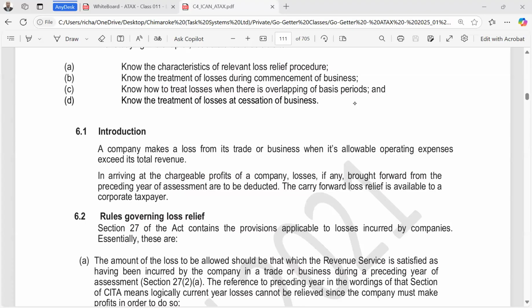In arriving at the chargeable profits of a company, losses from the previous year are brought forward to be realized in the year in review. So it means that if you make a loss last year and there was no profit to clear the loss, and you come to this year and you made a profit, you are going to bring the loss from the previous year to this year.